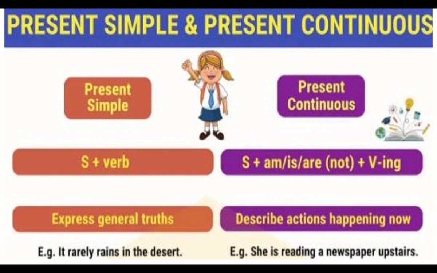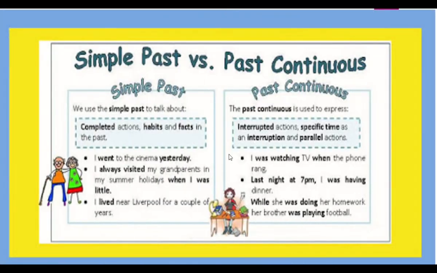Okay? Let's move to the past simple and continuous tense. Simple past or past simple, both are right. We use the simple past to talk about completed actions, habits, and facts in the past.